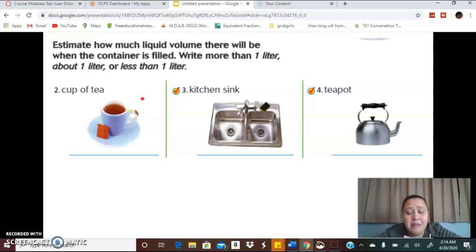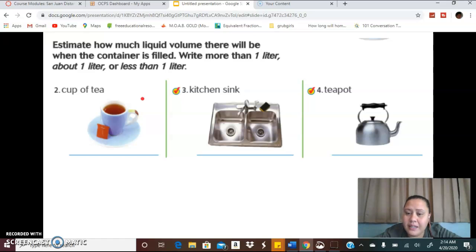I would even maybe make an estimate and say maybe 50 liters for those 2 sinks. I mean, I could be wrong. I would have to actually attempt to put water in those sinks, but for today's purposes, we just know it's more than a liter.